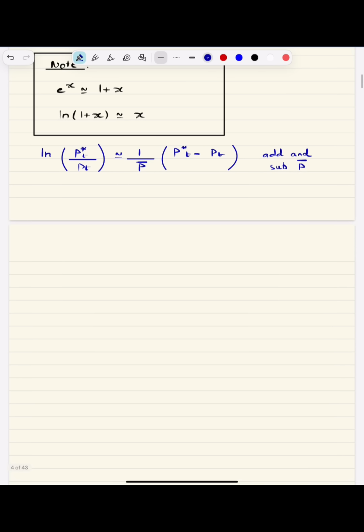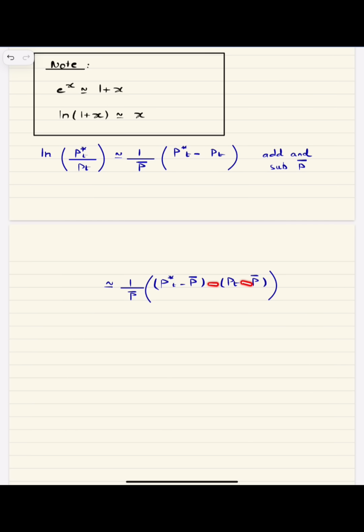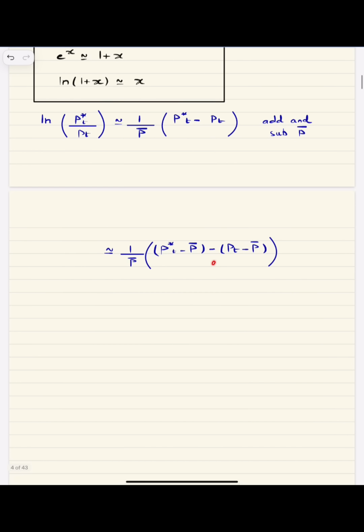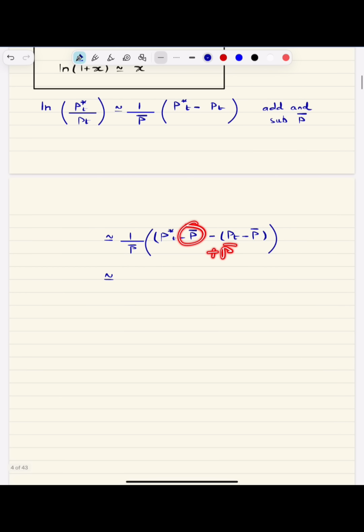So since we are interested in the deviations from the steady state p bar, I'm going to add and subtract. So I'll get p star t minus p bar, and I'll have to add one as well, but let's take pt as common, so I'll have to put a minus sign here because I need to add a p bar, and a minus into minus is an addition, so I have a plus p bar and a minus p bar. Okay, so according to our terminology, I can write this as p star hat t minus p hat t.